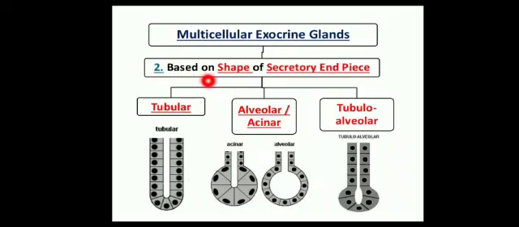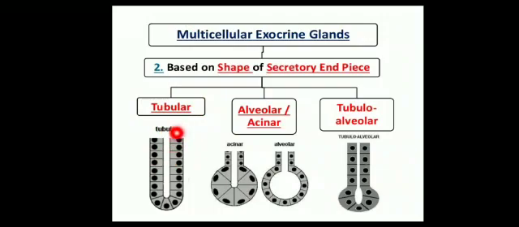The second classification is based on the shape of the secretory end piece. We have seen earlier that a gland has a proximal part which forms the duct and the distal part which forms the secretory end piece. So what is the shape of the secretory end piece? It can be tubular, like this.